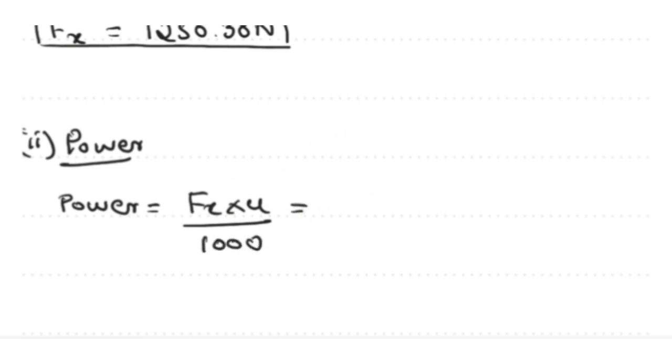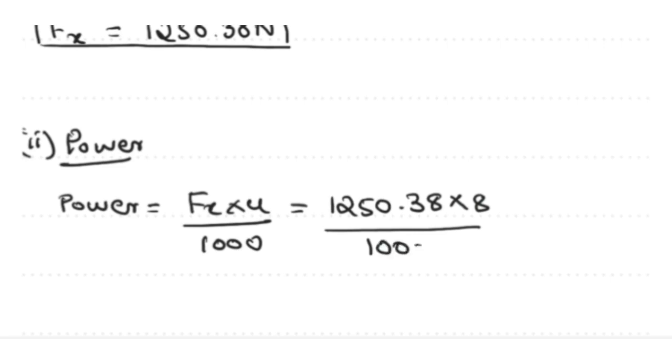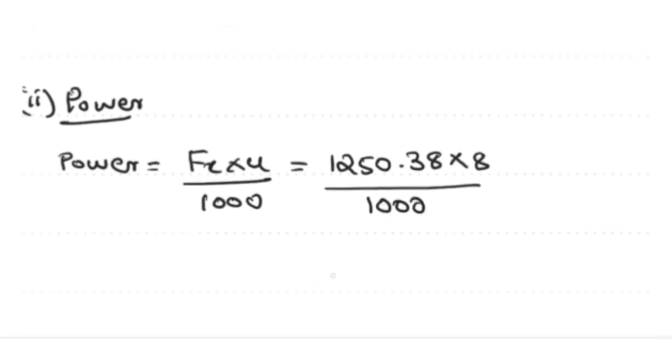Fx into u is nothing but work done. So Fx is 1250.38 into u, the velocity of the plate, that is 8, divided by 1000, which is nothing but 10.003 kilowatt.